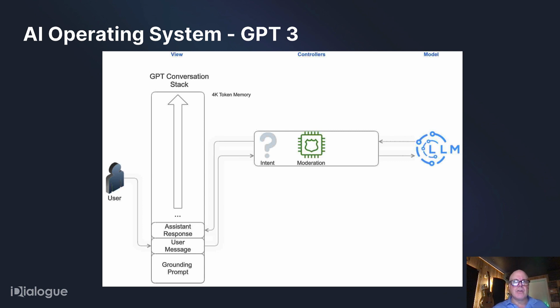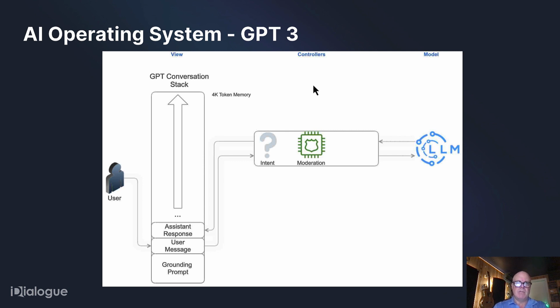So in version 1 of this operating system, GPT-3, we have a user coming in talking to a GPT conversation stack. And it warms up and initializes with a grounding prompt. There's a user message. It goes through what would be the controller tier. And by the way, I'm borrowing from full stack development.